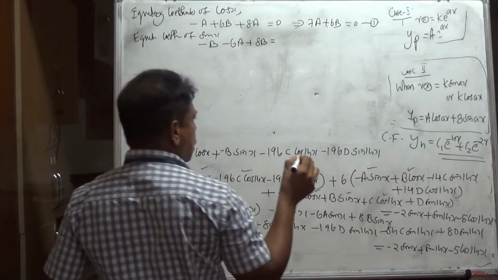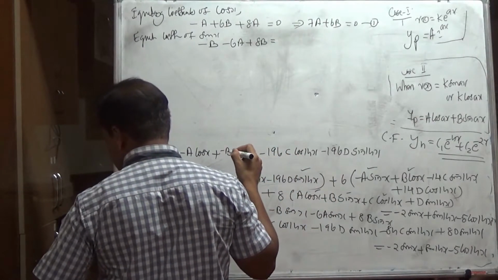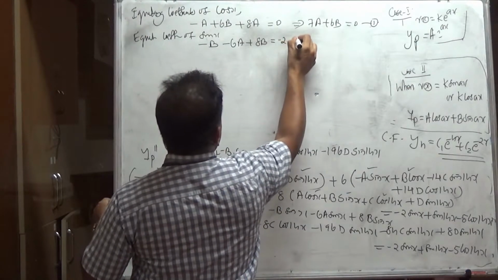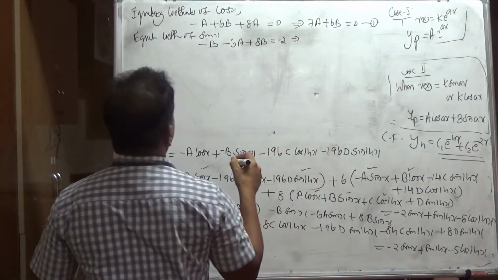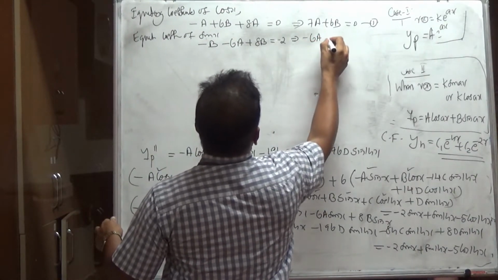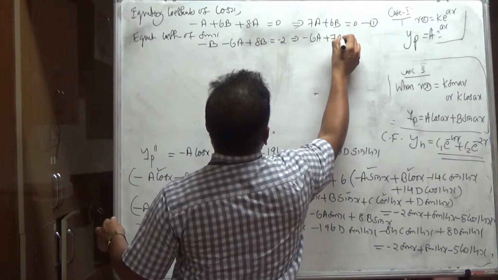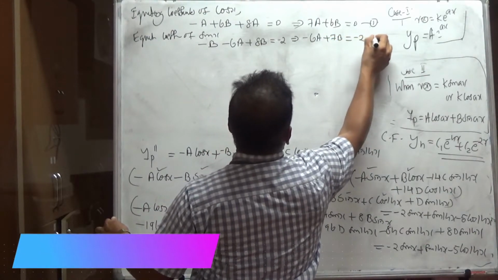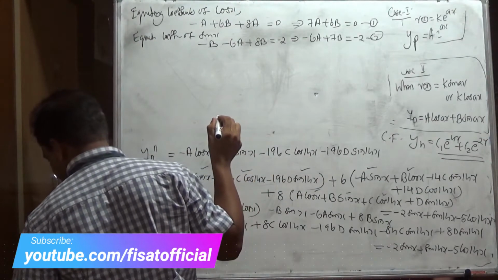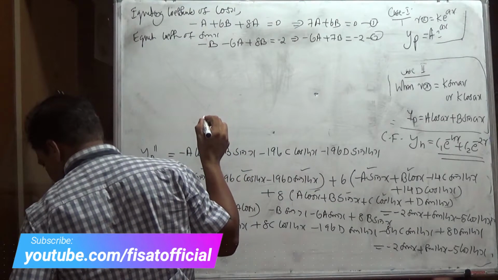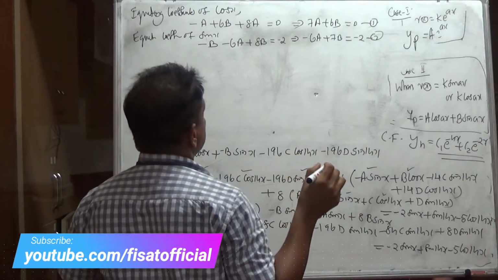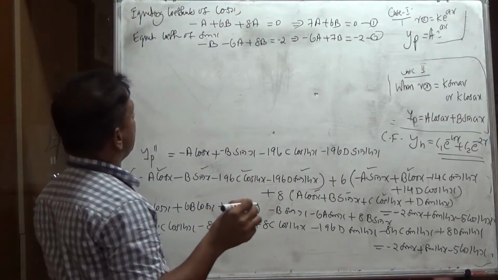The right hand side sin x part is equal to minus 2. Therefore, minus 6a plus 7b is equal to minus 2, equation 2. So the second equation is minus 6a plus 7b is equal to minus 2.